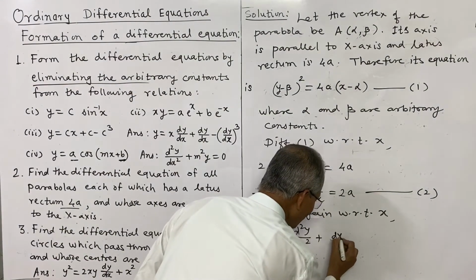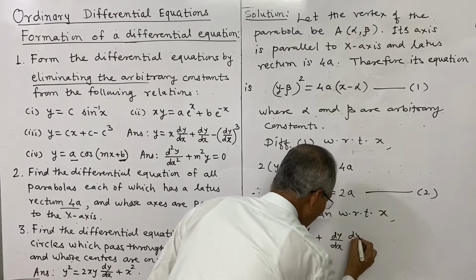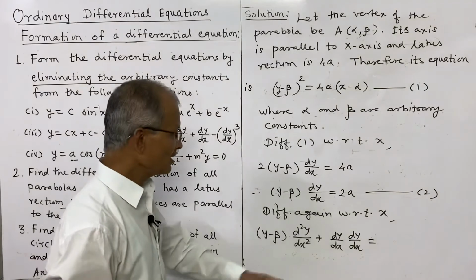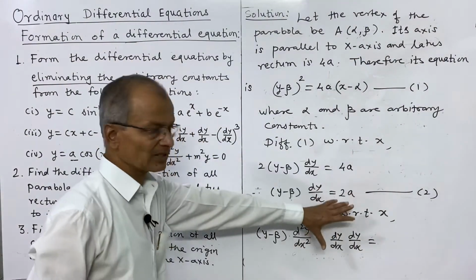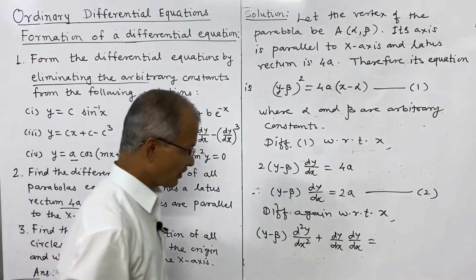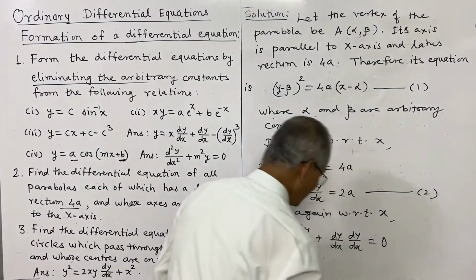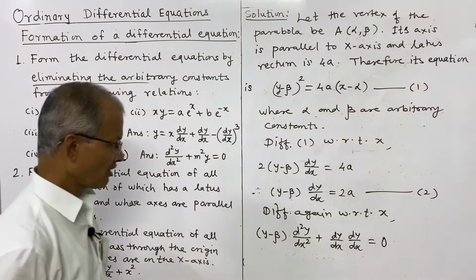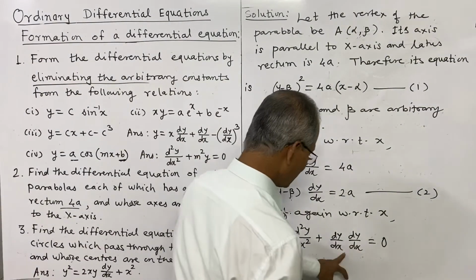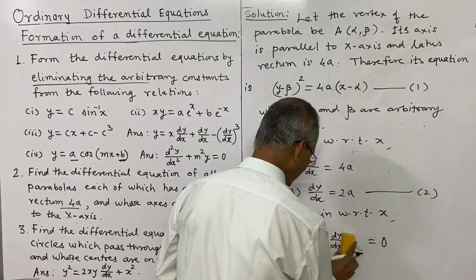On the right side, a is a fixed constant, half of the latus rectum, and its derivative is 0. So this is the relation that we have obtained, and I shall write dy by dx into dy by dx as the square of dy by dx.